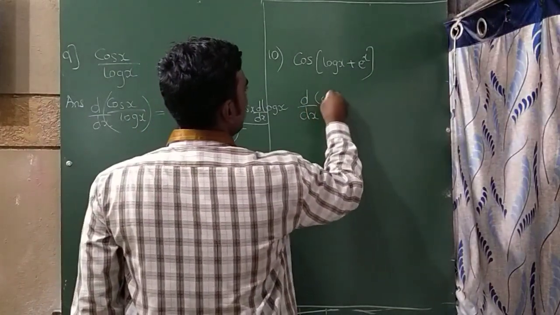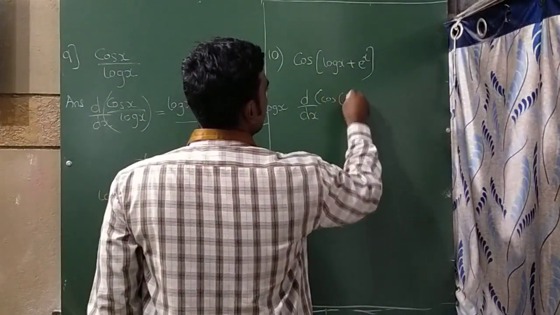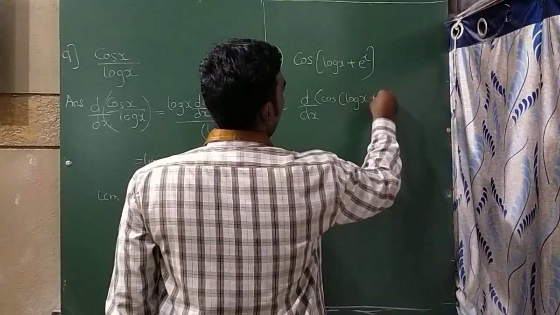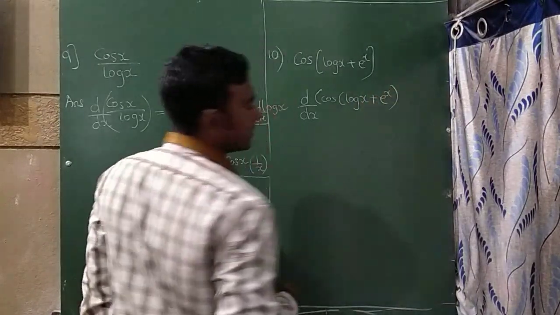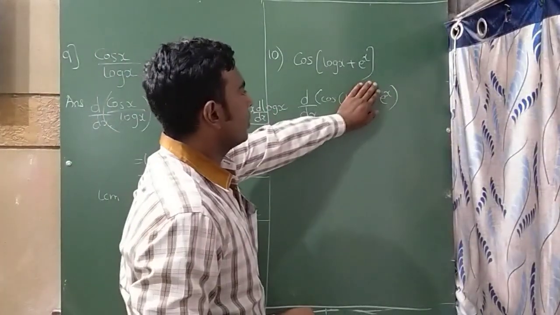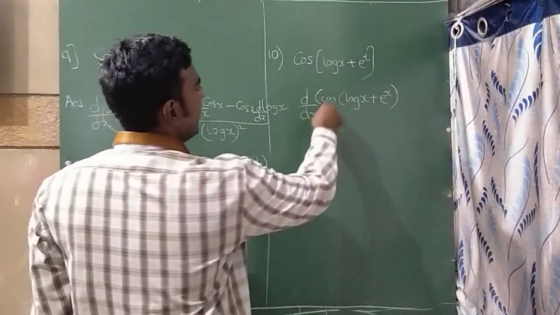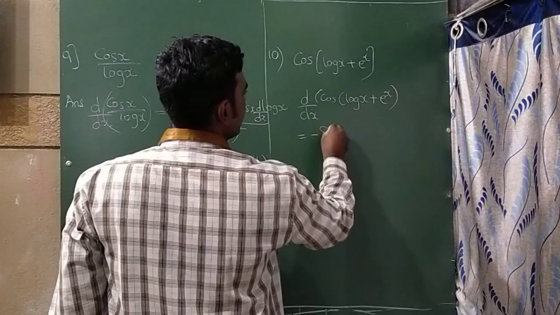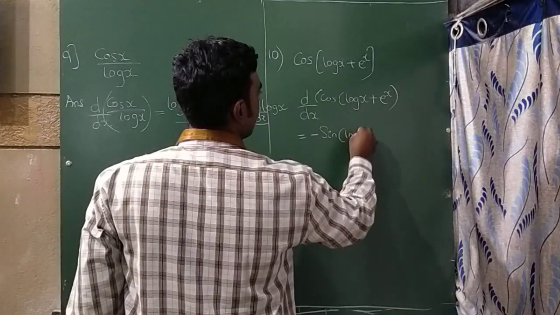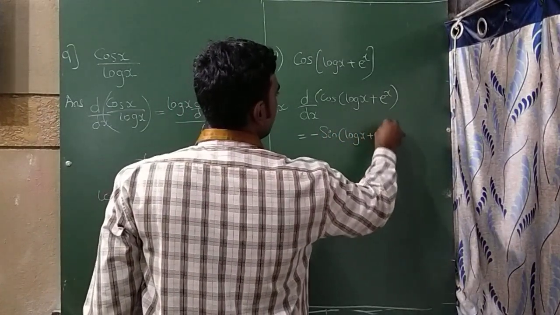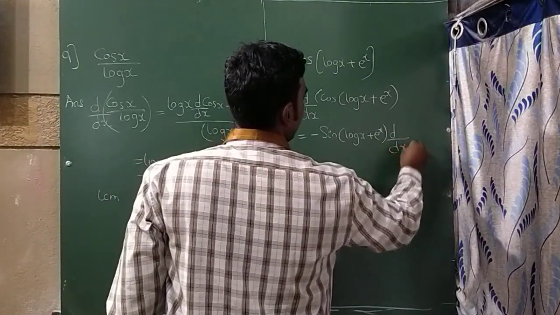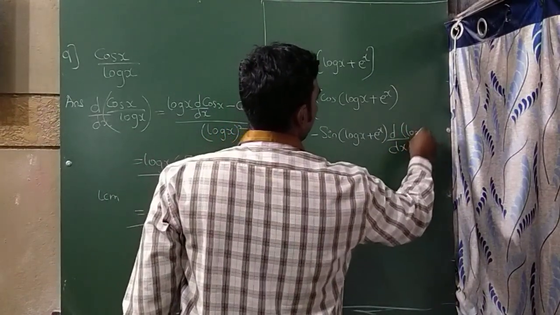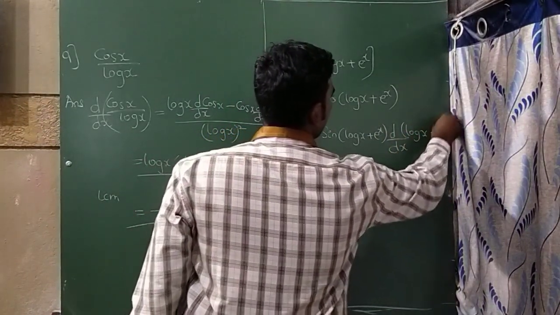Okay, so 10th question, d by dx of cos of log x plus e raised to x. Now if you consider this whole as x, so d by dx of cos x is minus sin of log x plus e raised to x, and d by dx of log x plus e raised to x.